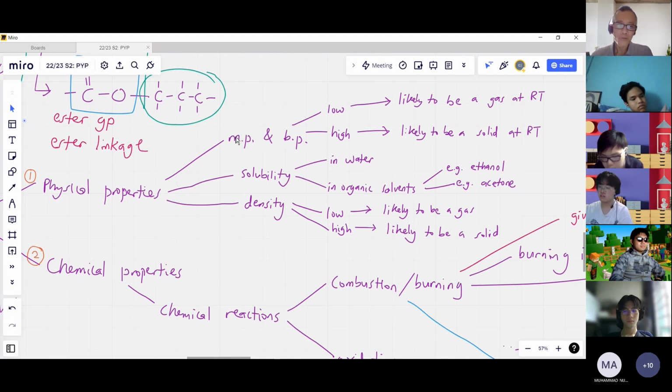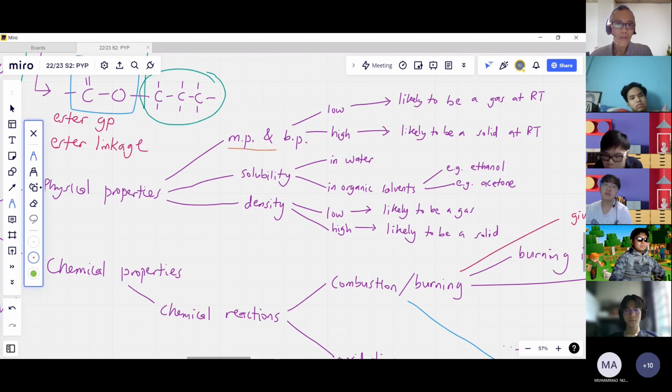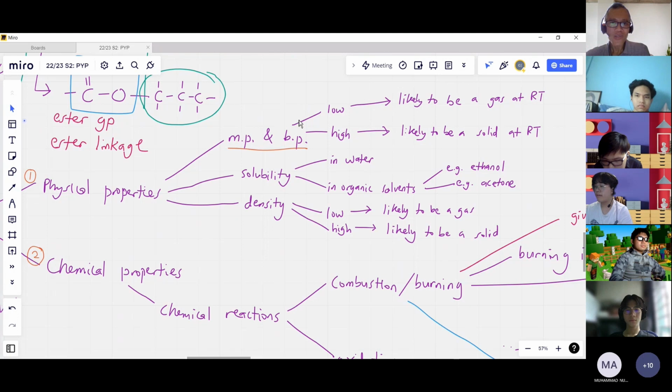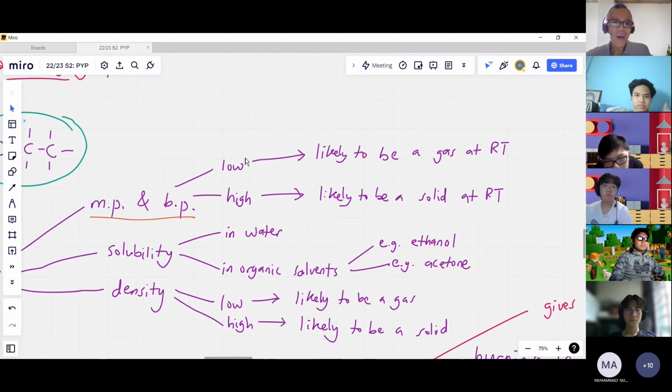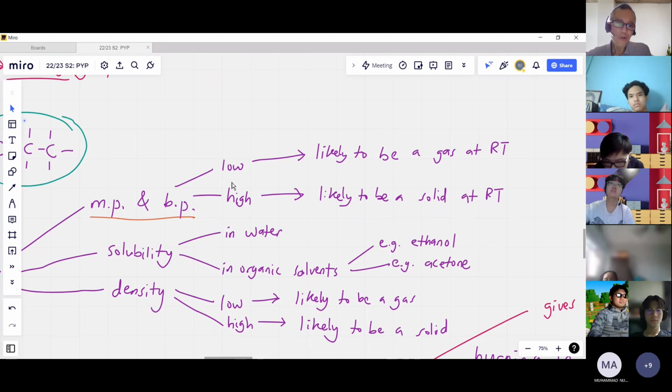Perhaps the most well-known physical property will be this one here. Melting point and boiling point. Guys, please remember, melting point and boiling point are physical properties. For example, does a substance have a high melting point or a low melting point? For us, typically you won't be asked for the exact value, but at the very least, you have to describe qualitatively.